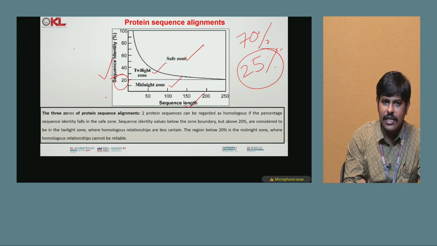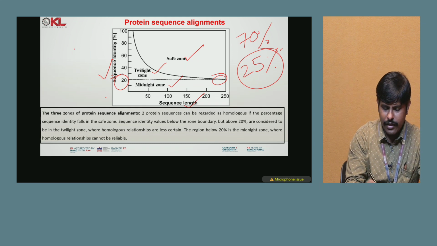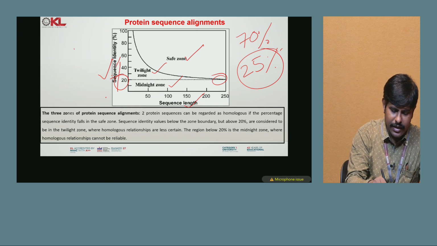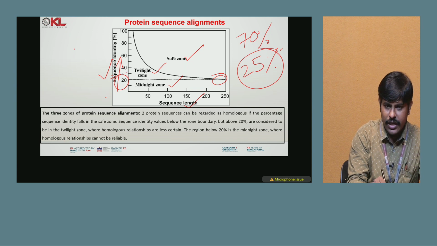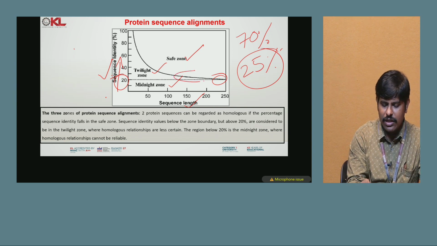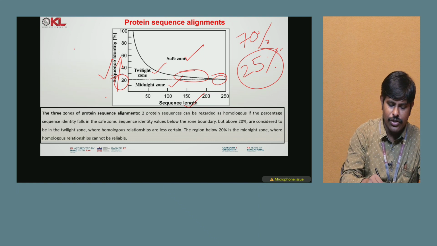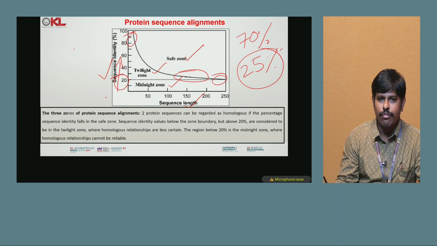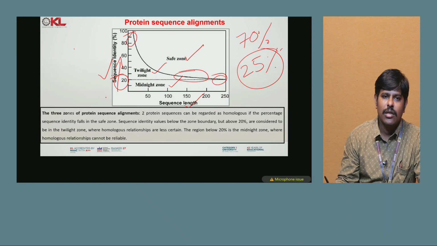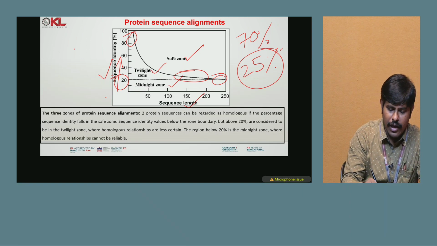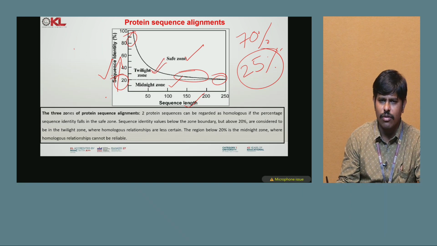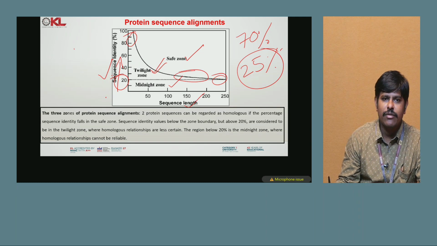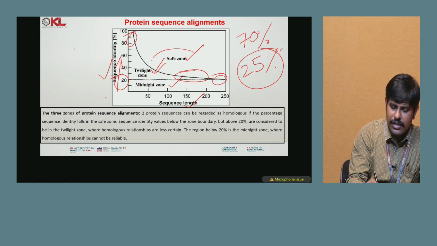If your length is increasing, somewhere here the two lines are matching. When longer sequences are there, you can consider less identical sequences, and when short sequences are there, you have to consider higher identity. The twilight zone is beyond 20 to 25%, and extending beyond 30% for many of the sequences, we call it the safe zone.